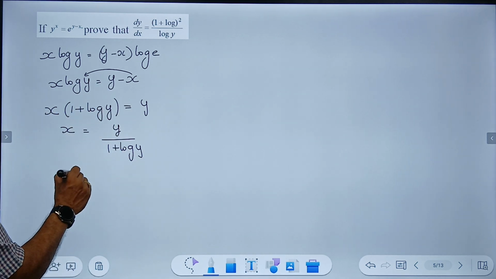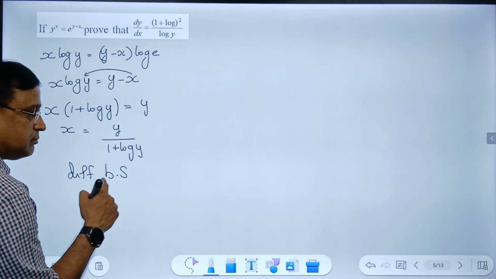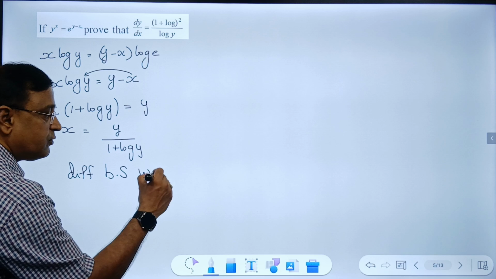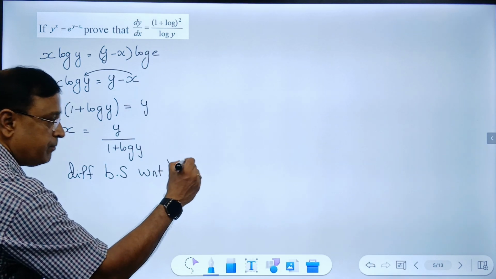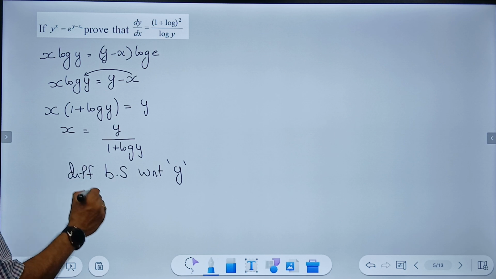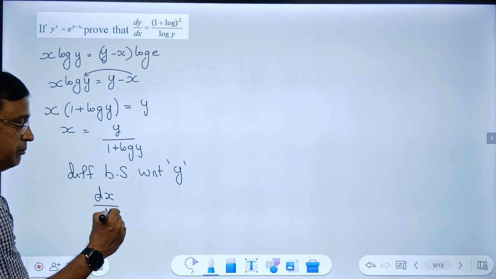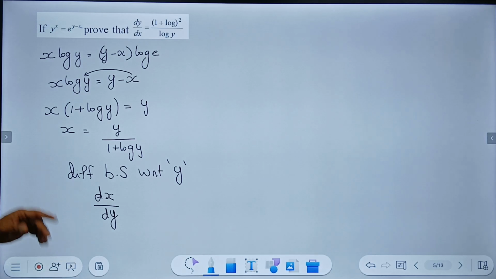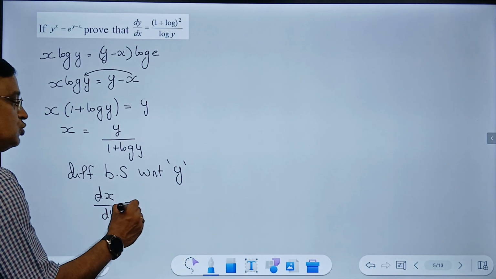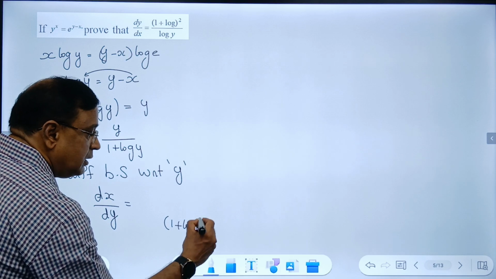So what I will do is, I will differentiate both sides with respect to y. So what is differentiation of x? It will not be 1, but it will be dx by dy, because I am differentiating with respect to y. Now I am going to use quotient rule. 1 plus log y the whole square.